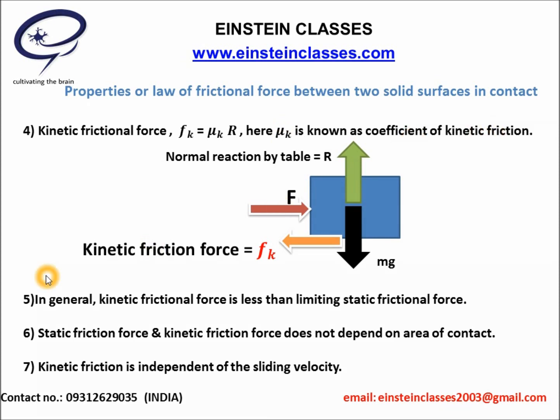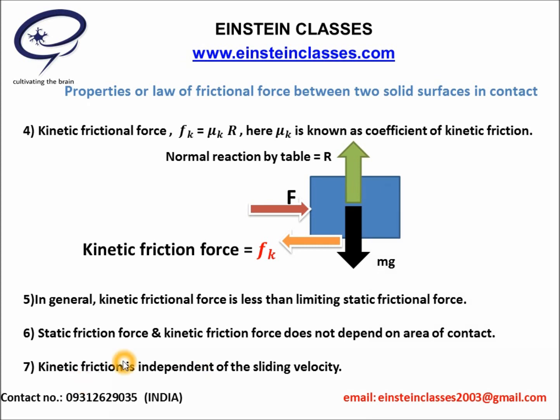Now the next point is that, in general, kinetic friction force is less than limiting static friction force. Next, the static friction force and kinetic friction force both do not depend upon the area of contact between the solid surfaces, right? And the next point is that the value of the kinetic friction force does not depend upon the velocity of the object.